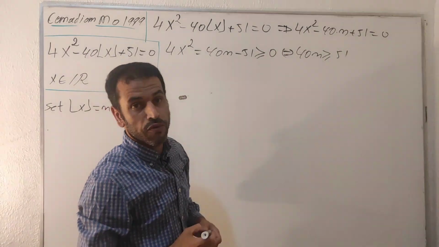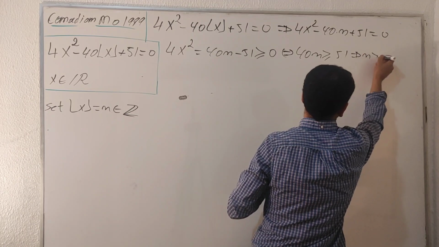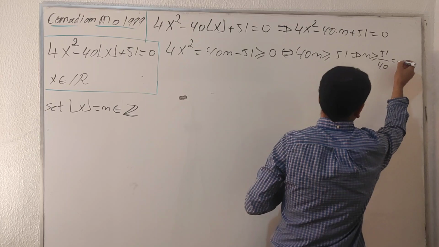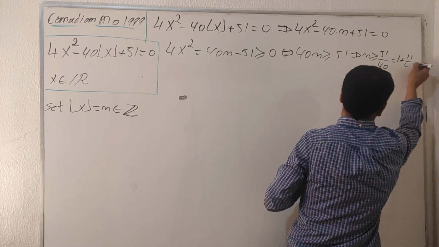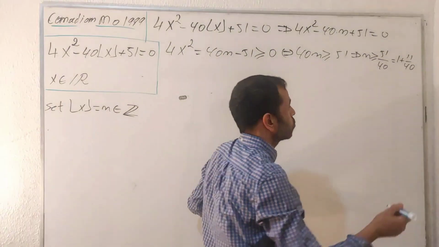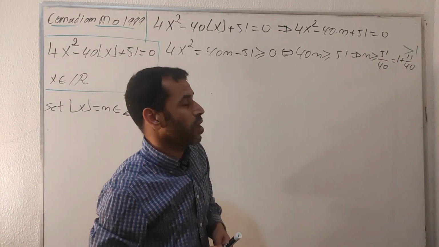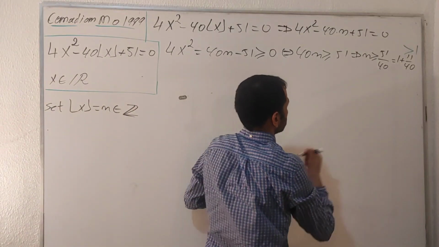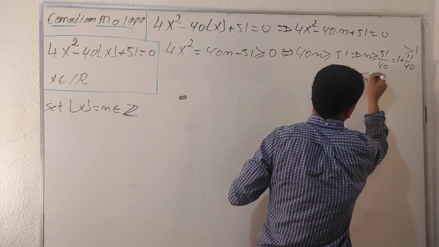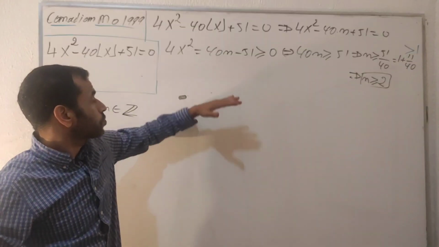Dividing both sides by 40, I get n ≥ 51/40, which is 1 plus 11/40. This is strictly greater than 1, and since n is an integer, n must be greater than or equal to 2. So this is the minimum value n can take.